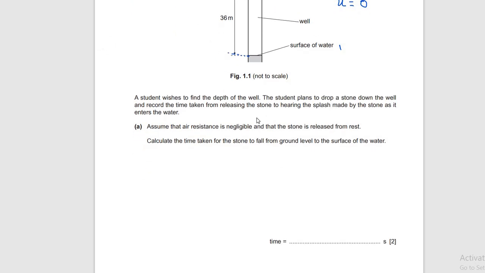Now, the parameters given in the question: we are given the depth of the water from the ground to be 36 meters, one parameter. The other parameter is initial velocity, which is 0. And we are looking for the time taken for the stone to strike the surface of the water. It's not given, it's unknown.